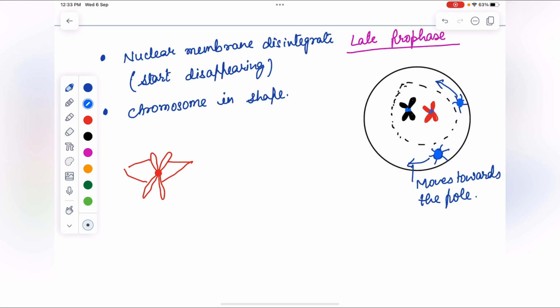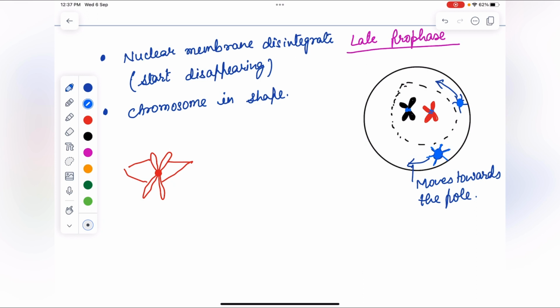This is the centrosome, which gets duplicated during interphase, begins to move towards the opposite pole, and it radiates microtubules. This is a microtubule, or you can say aster, which helps in the formation of spindle fiber, and this spindle fiber gets attached with the chromosome and they form a mitotic apparatus.